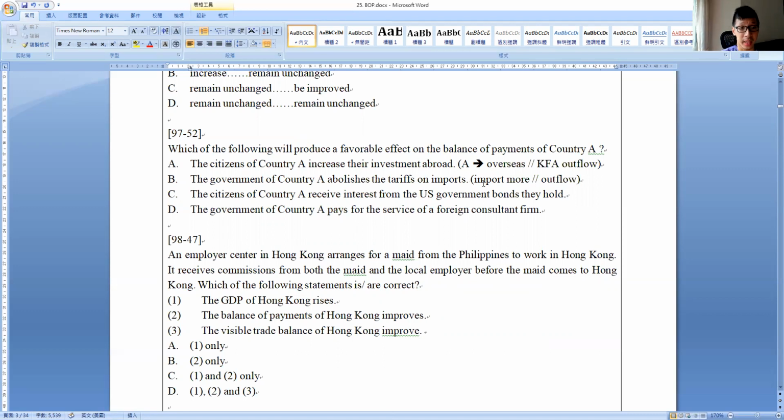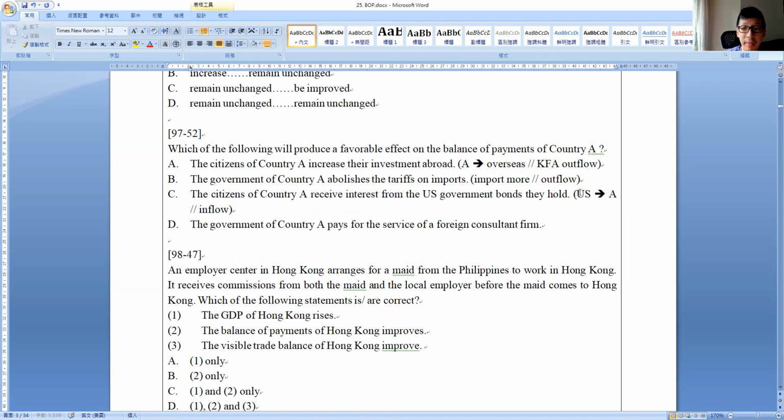Now what about C? The citizens of country A received interest from the US government bond they hold. You see, right now the US government is paying interest to country A. So this is an inflow of money. So the answer is C.